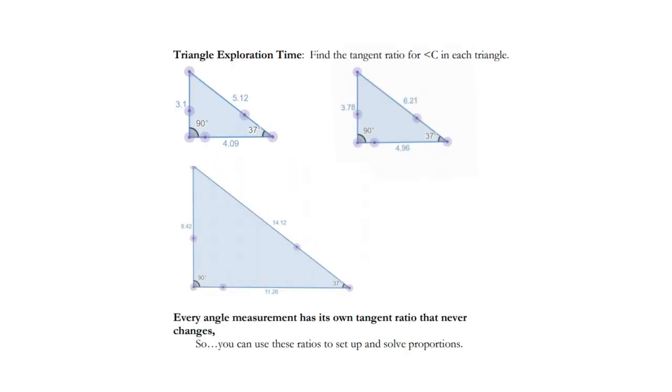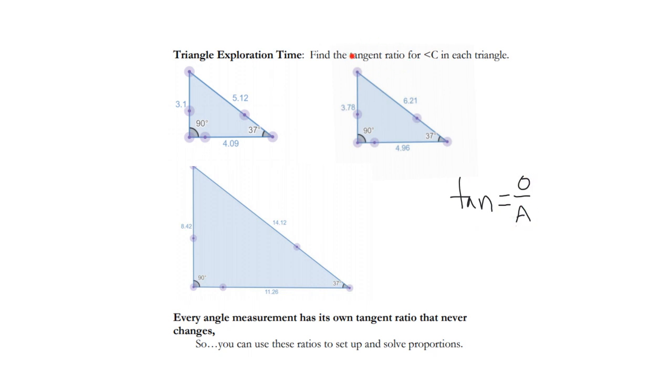Okay, so why is it helpful to know this thing called the tangent ratio? I'm going to show you in this exploration. So if I write tan equals O over A, I want you to think about how that is reminding us that the tangent ratio of a reference angle is the opposite side over the adjacent side.